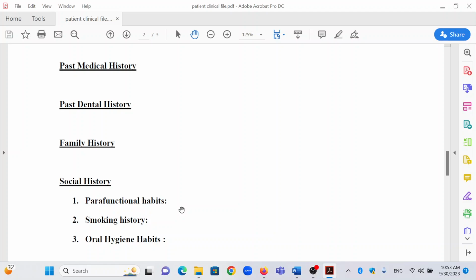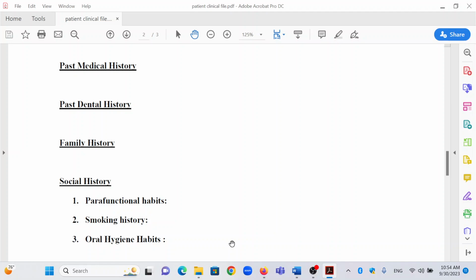Therefore, it's very necessary that you write down details about what oral hygiene habits the patient uses. Now, if the patient says, I have good oral hygiene, you don't write down here that the patient has good oral hygiene, because you judge if the patient has good oral hygiene or not. The patient may say that they brush their teeth 3 times a day, however, they don't use the toothbrush properly, and eventually there is gingivitis.